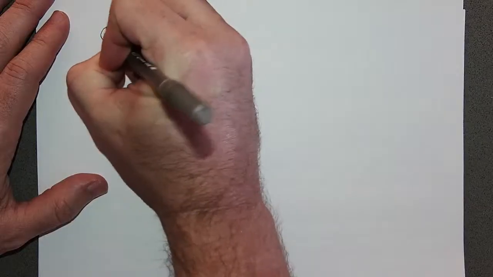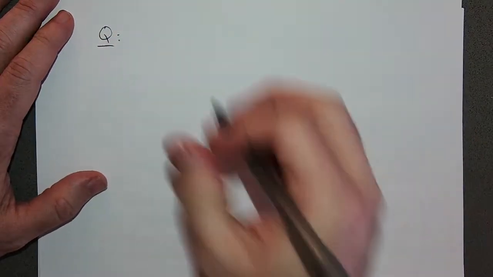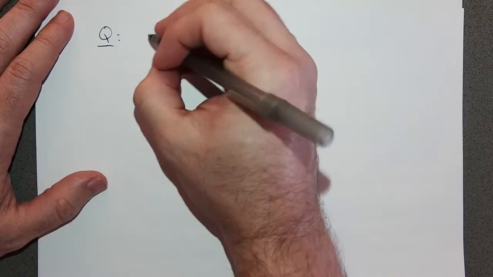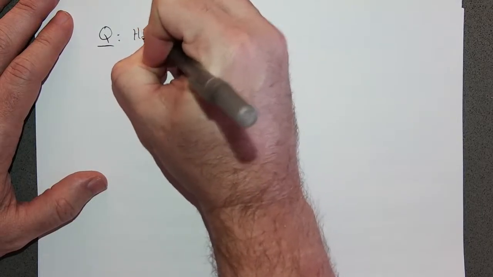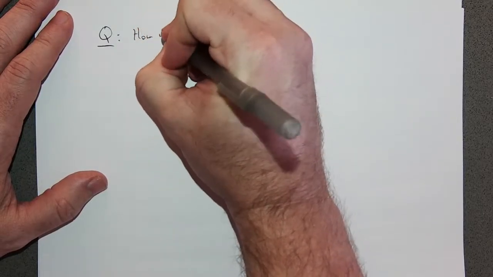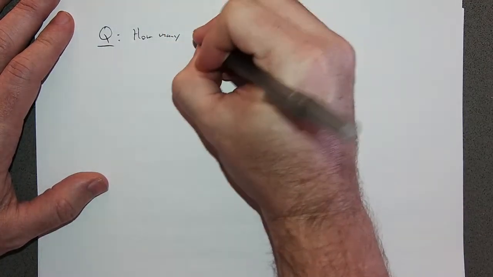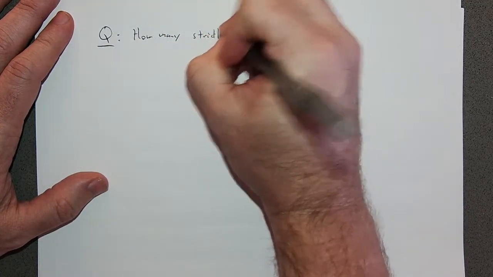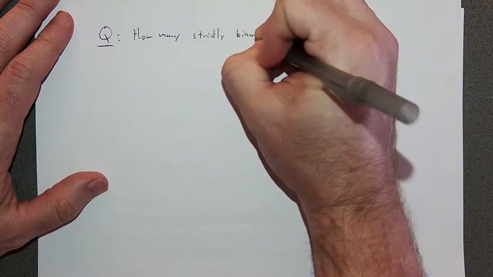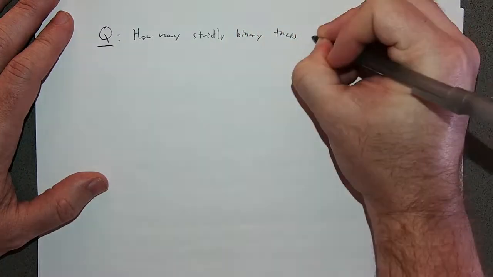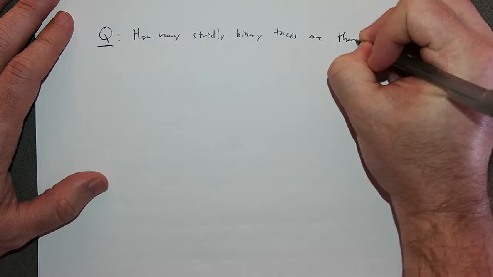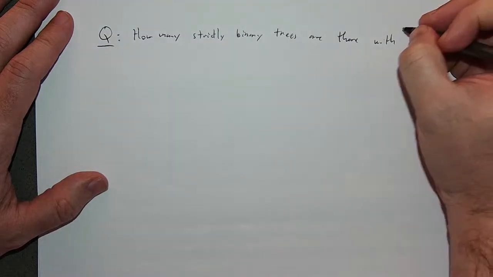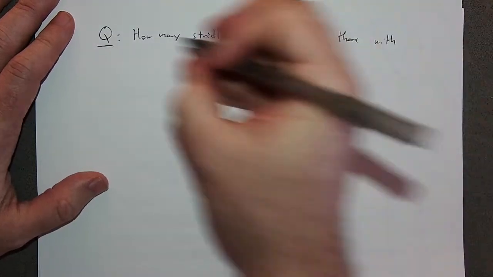Question. How many strictly binary trees are there with k parent vertices?